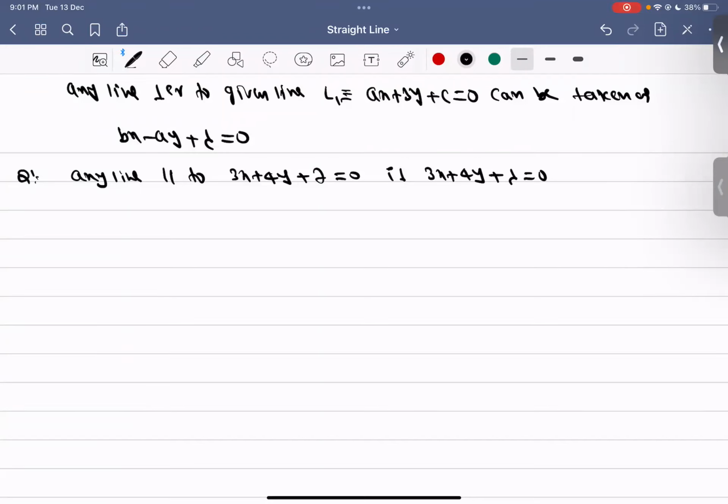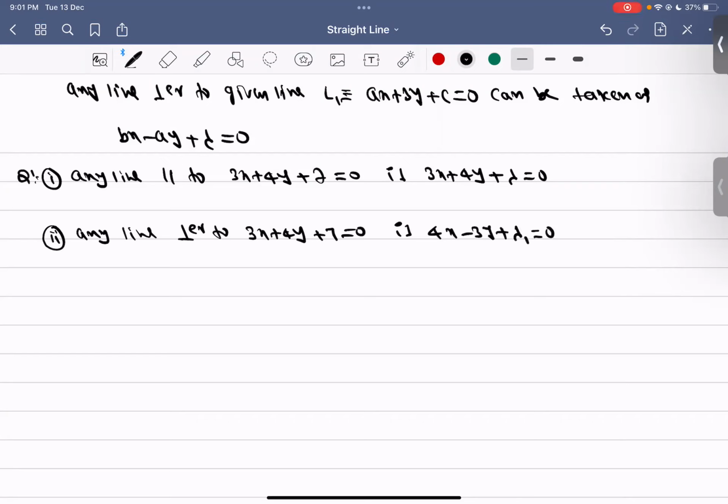Next, any line perpendicular to the same line 3x plus 4y plus 7 equal to 0 is 4x minus 3y plus some lambda 1 equal to 0. So this is the thing.